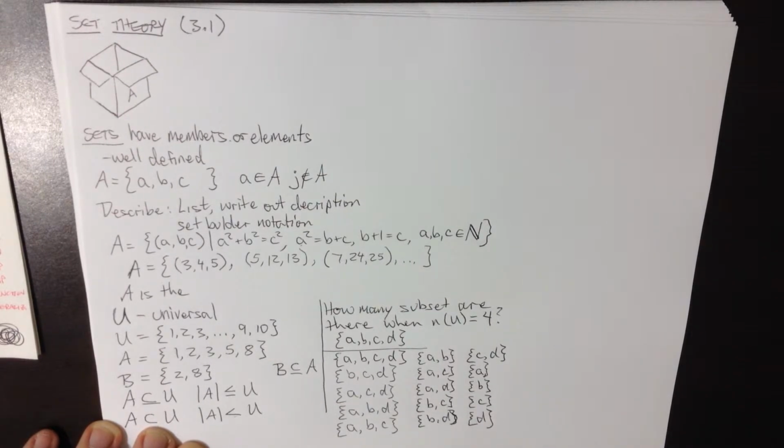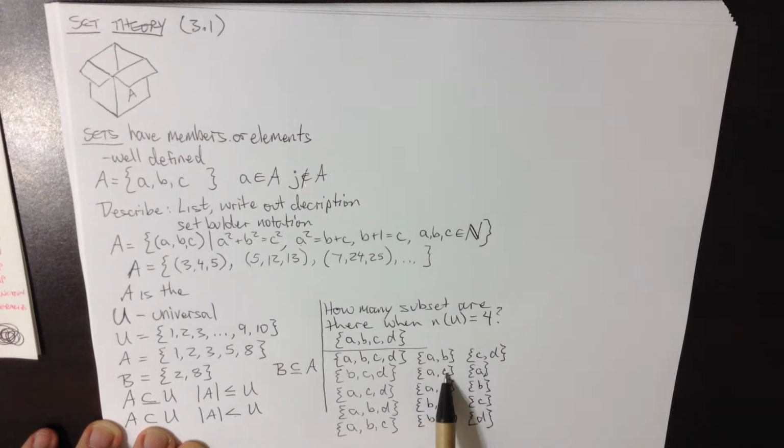Well, let's think about this. 1, 4, 6, 4. It's not quite. Notice there's some symmetry here. You have 3 with A left out, or 3 with B left out, 3 with C left out, or 3 with D left out. You can create AB or CD.